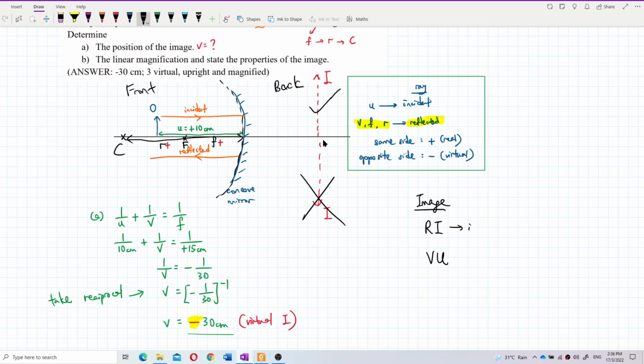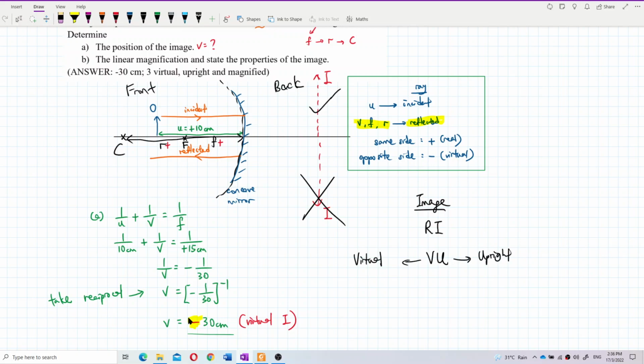Just now you got a virtual image, right? Virtual image must be upright.